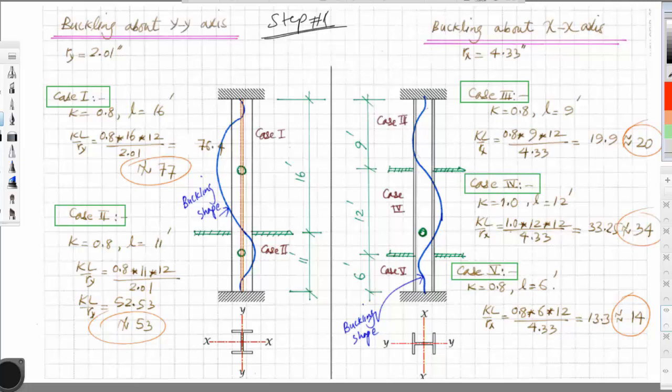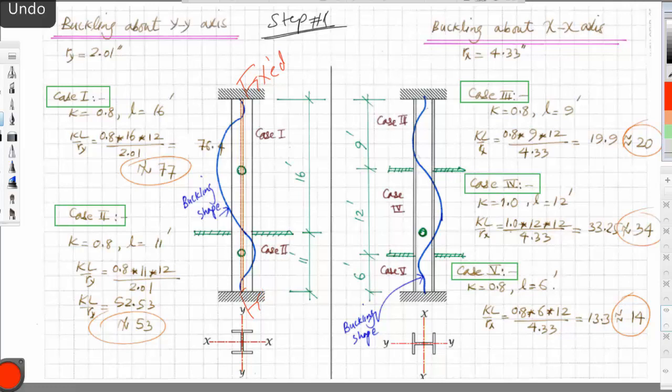So we have about YY. So again, the buckling about YY, this is YY. So given this to be fixed, this is fixed, and this is fixed. That's given in the question.